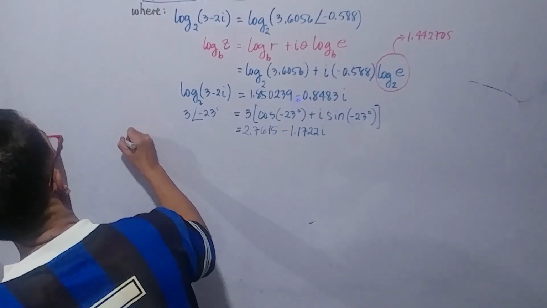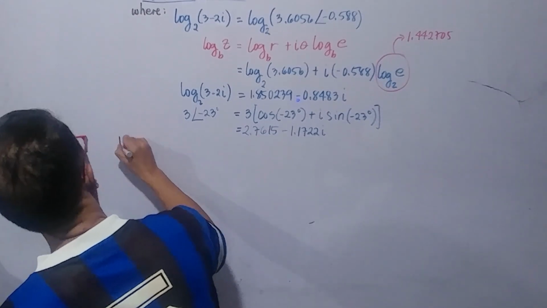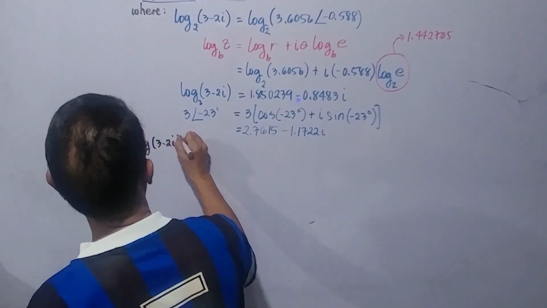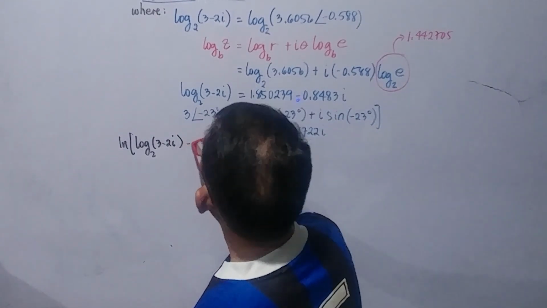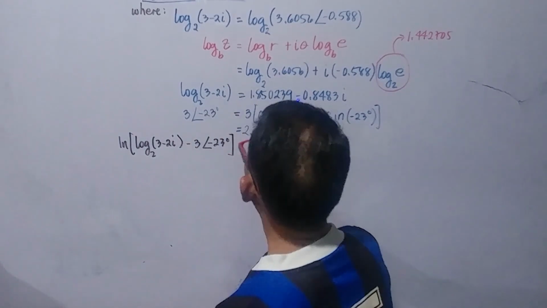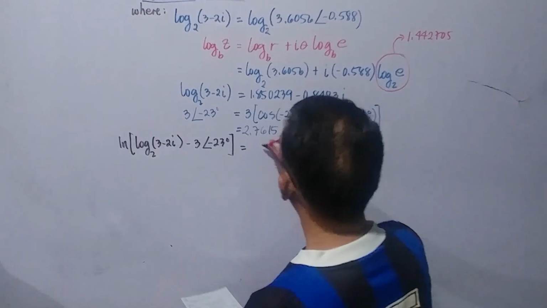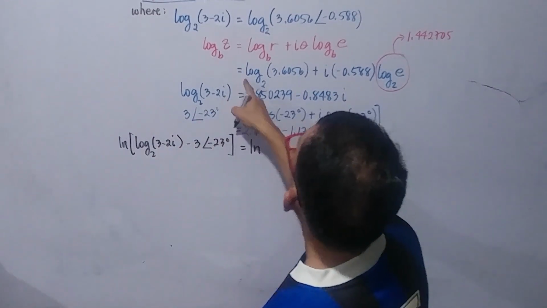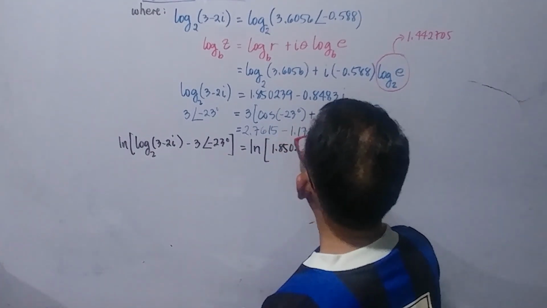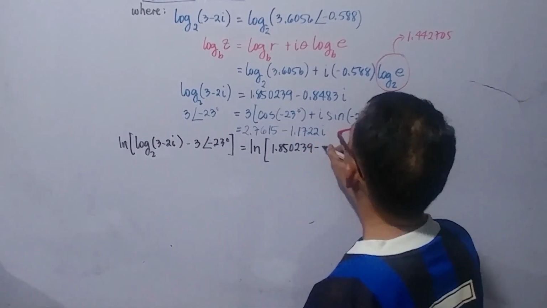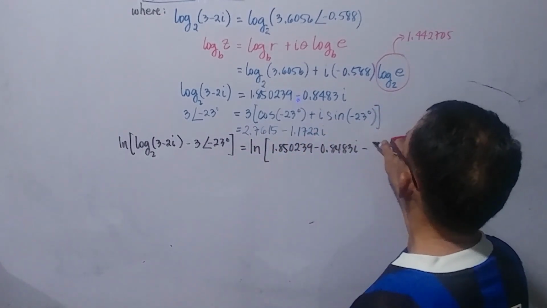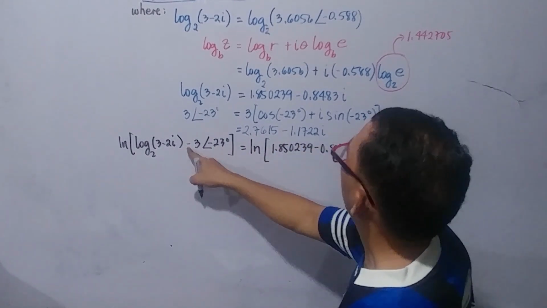So we have now natural logarithm of the logarithm of 3 minus 2i base 2 minus 3 angle negative 23 degrees is now equal to, so substitute mo to, 1.85039 minus 0.8483i, then ito minus, kasi negative siya.